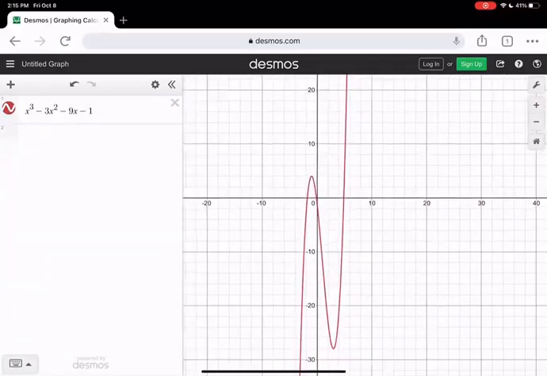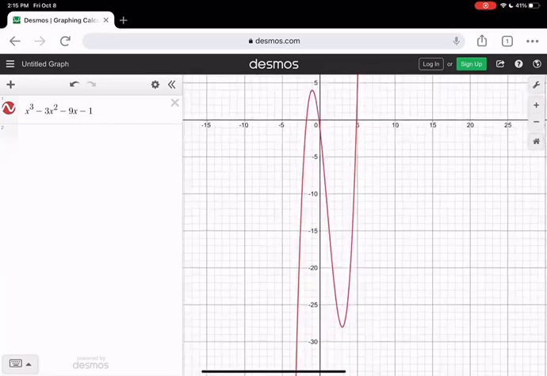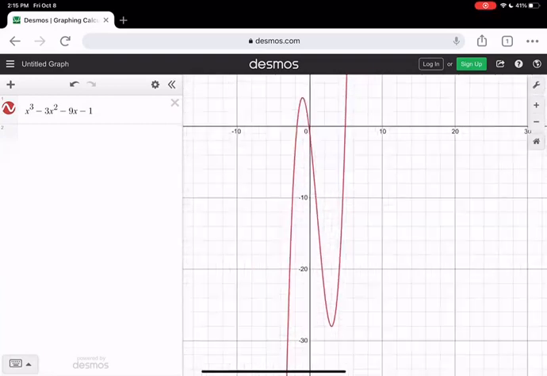I need to adjust it here so we can see the whole thing. Beautiful, look at that. So where do we see our local minimum and maximum? Up at the top here, at negative 1, 4, we have a local maximum. And down here at 3, negative 28, we have a local minimum.